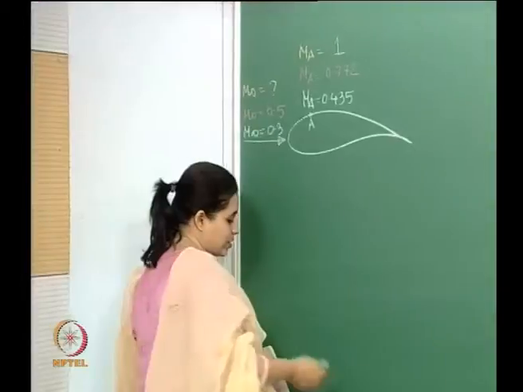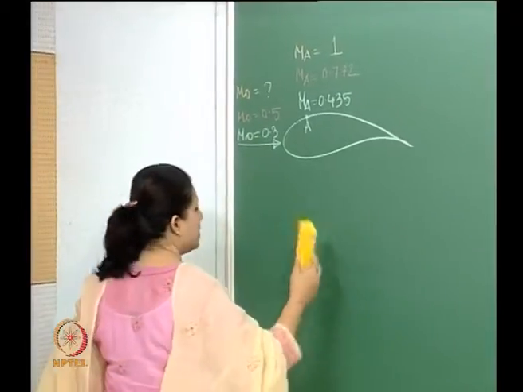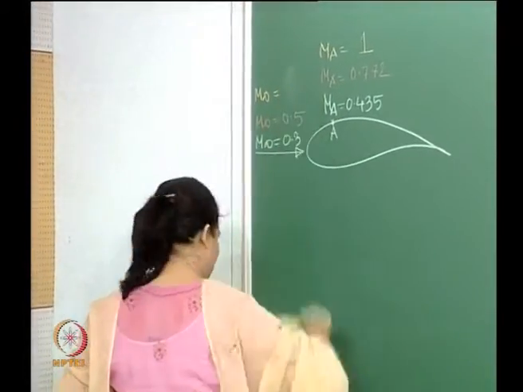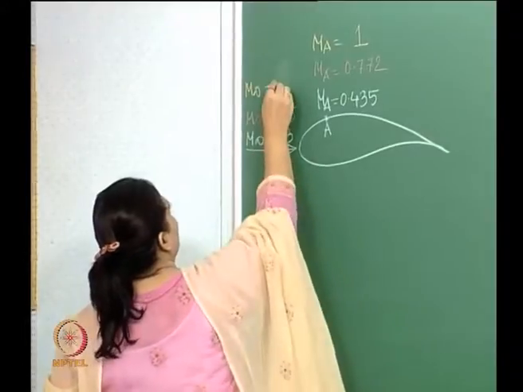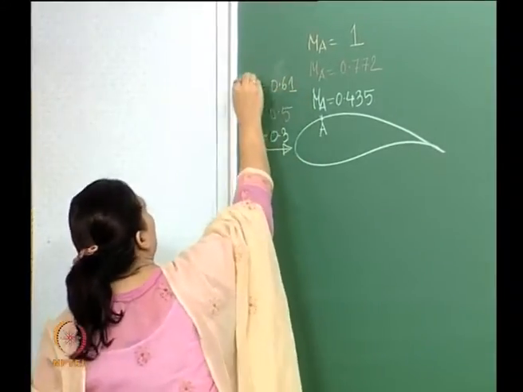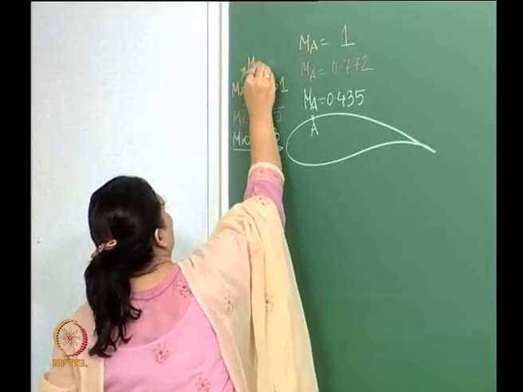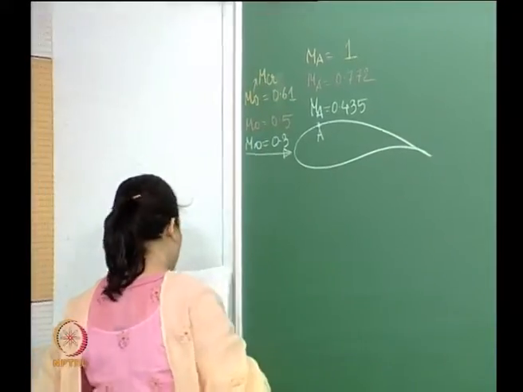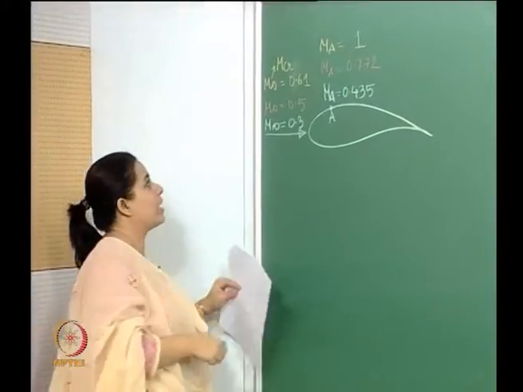In this particular case, this value is, say, 1, and this Mach number is also called the critical Mach number.